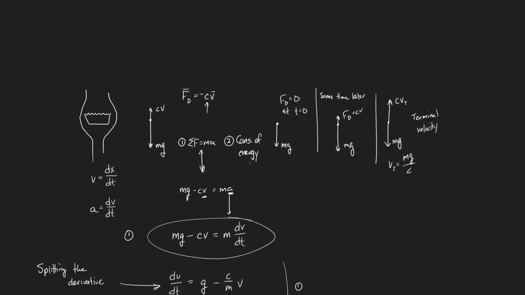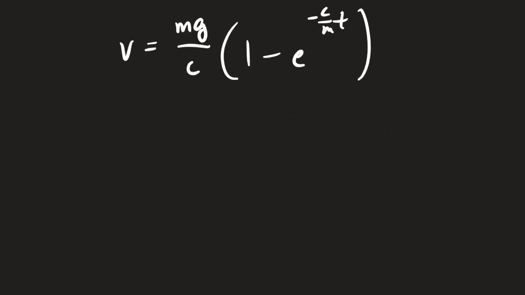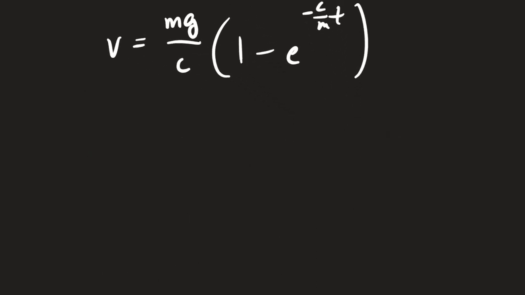How fast is it going at time equals 0? That's right, we just dropped it. Velocity is 0. And you remember that after a very long time, it reaches a constant velocity, right? Our expression should do that. t is right there.